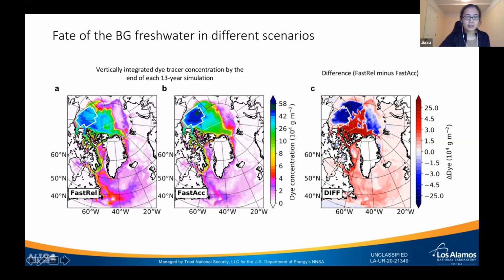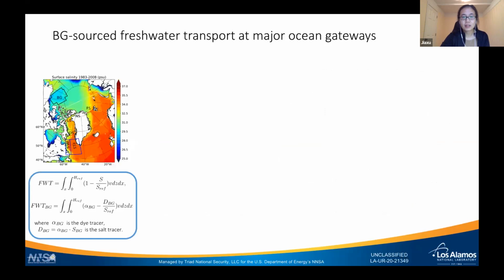But in the fast accumulation case, the tracer tends to be locally accumulated and then transported to the west. On the right is the difference, which is fast release minus fast accumulation. So you can see very clearly what I just said.